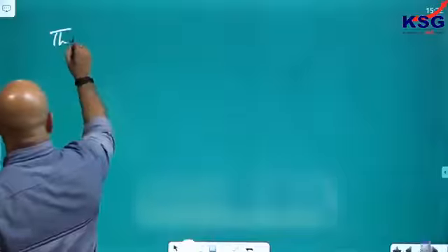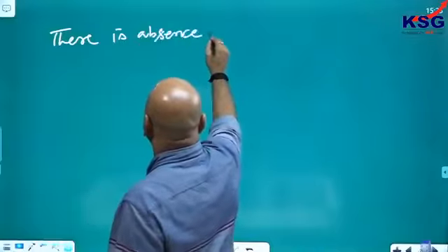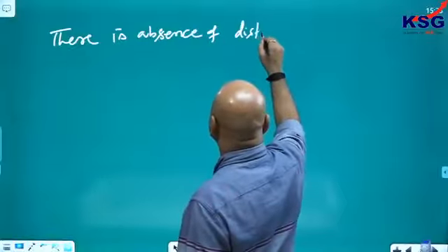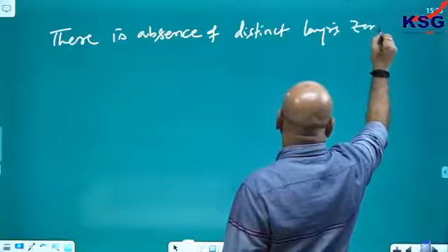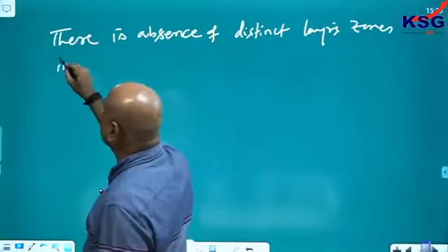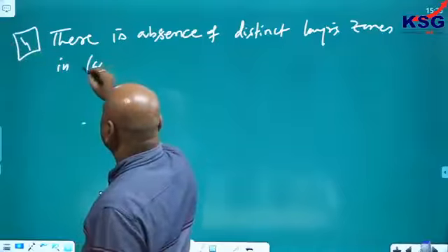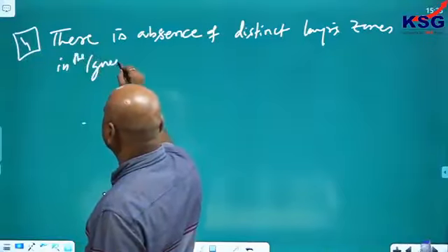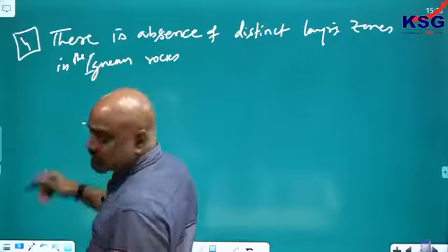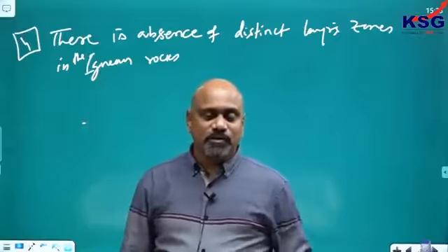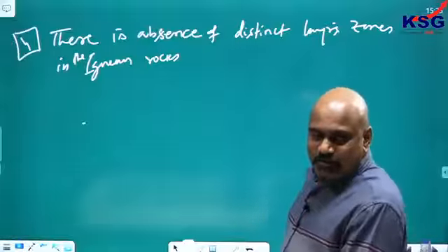There is absence of distinct layers or zones in igneous rock. Fourth point, in the igneous rocks you will never get distinct layer.